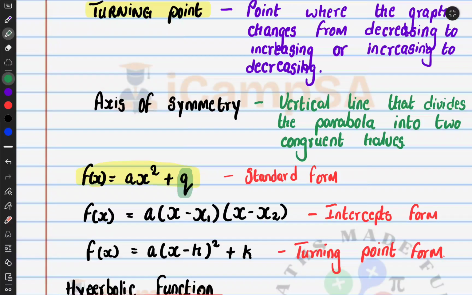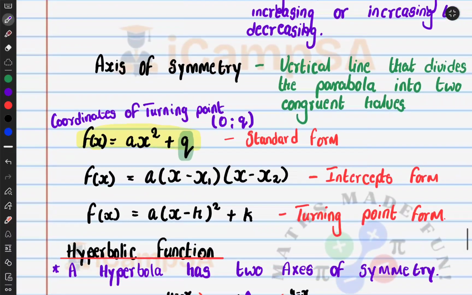So for this parabola that we deal with in grade 10, the coordinates of the turning point are always going to be (0, q) for some value of q, because this function has the axis of symmetry at x is equal to 0. So that's another important thing.